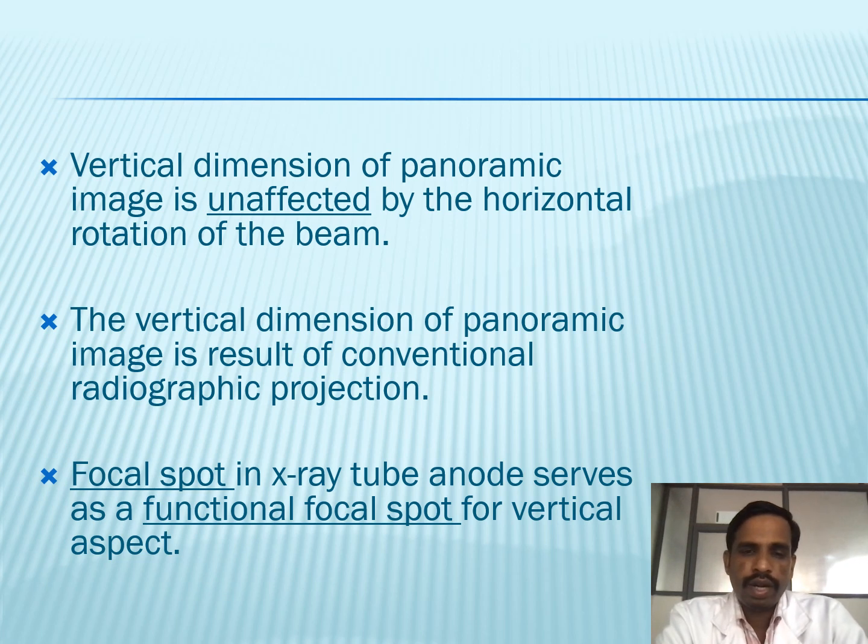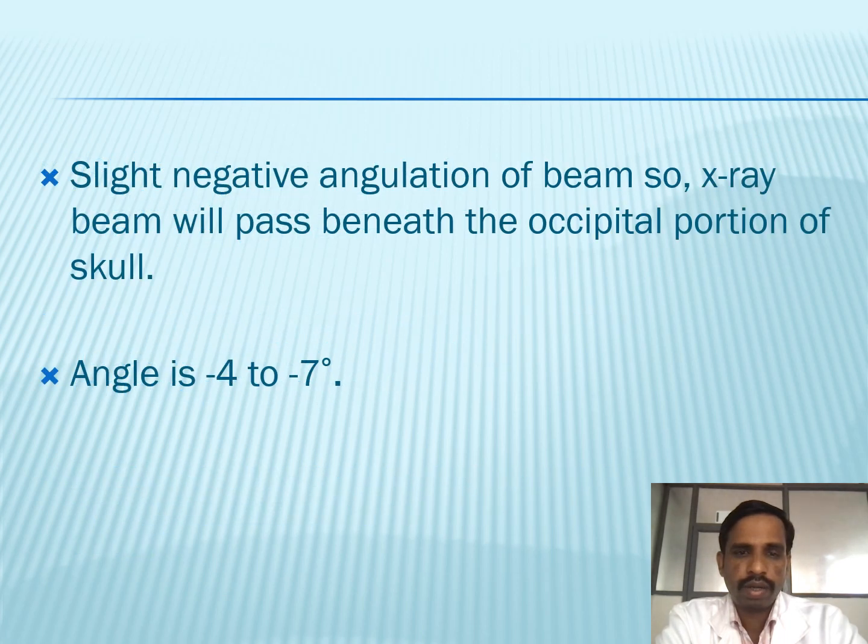Because the vertical dimension of any object that we get in OPG is mainly determined by the conventional radiography technique which we use, bisecting or paralleling. The focal spot in the X-ray tube serves as the functional focal spot for this vertical plane.